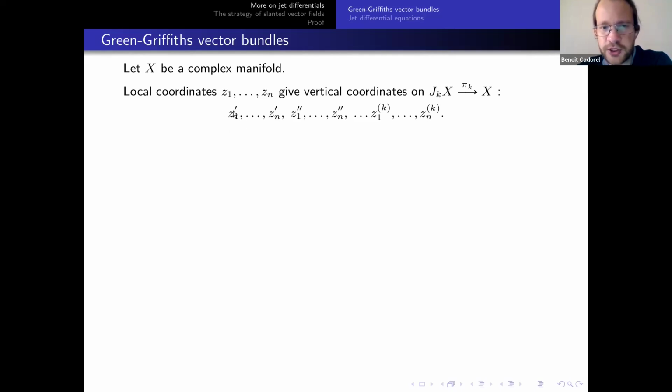So you just have to differentiate your coordinates on X and get coordinates which you can use for describing the Taylor expansions of jets arriving inside X.